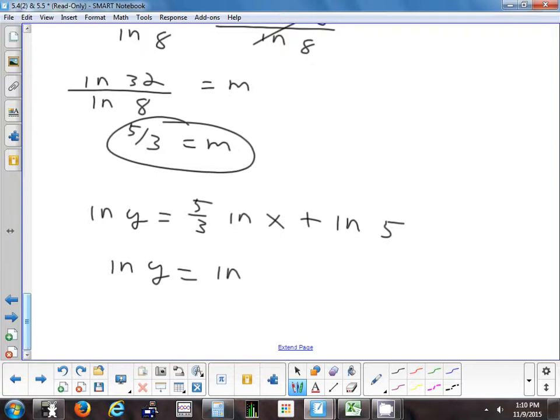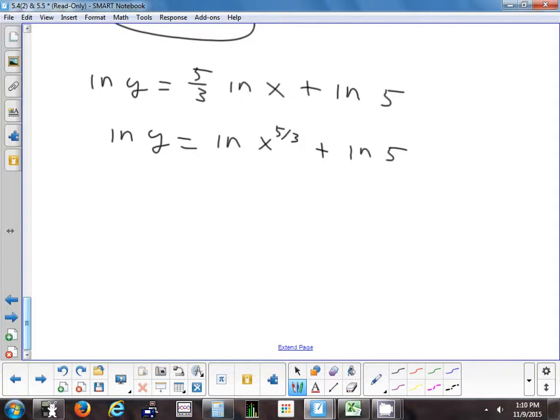So, DJ, what would that be? ln of x to the 5/3 plus ln 5. Okay. Now, Tom, what can I do on the right hand side? You can combine them. Whenever you have addition of two logs, you can recombine them. So addition means that these two things originally must have been what?